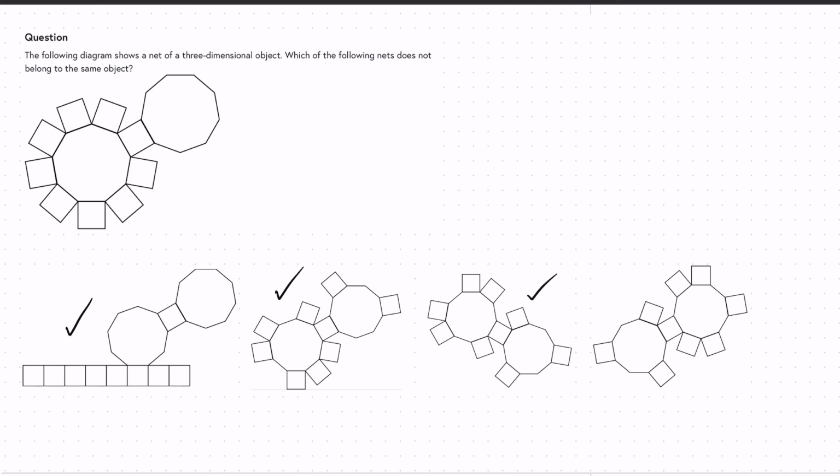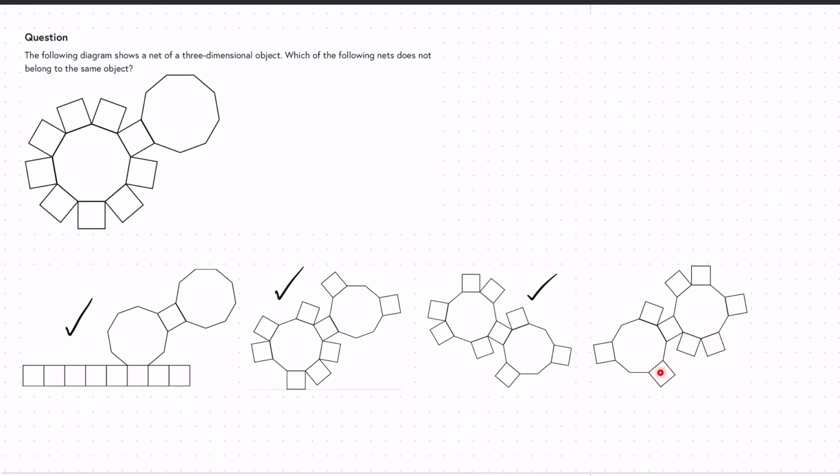Now looking at the last one, again, we're trying to find 1, 2, 3, 4, 5, 6, 7, 8, 9. We're going to try and match the squares to slot them in. So we start off with this. This one goes in here, but this is in the way of this.